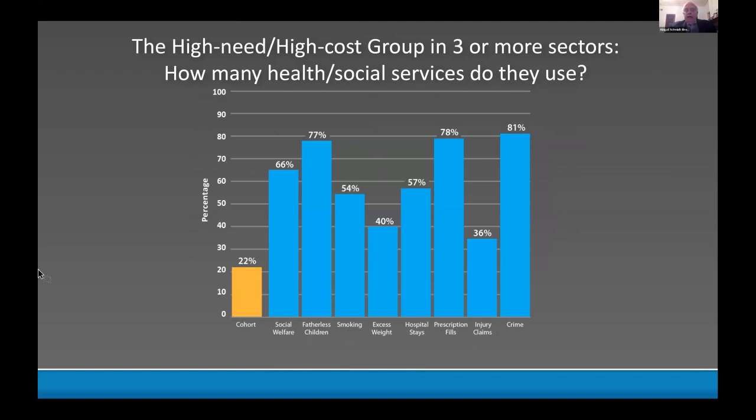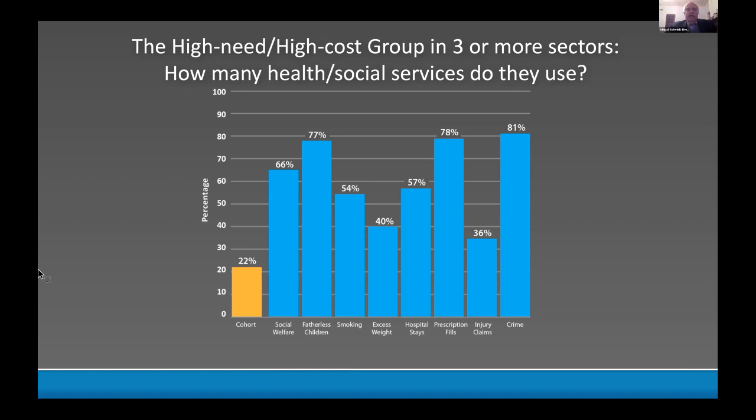So here's their data. This is the New Zealand Dunedin. This, by the way, is all a European origin population, so it abstracts from any of the issues about the Maori or some of the other indigenous groups in New Zealand. But what you can see is that roughly 22% of the New Zealand population produces these problems.